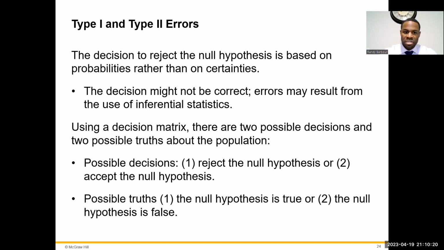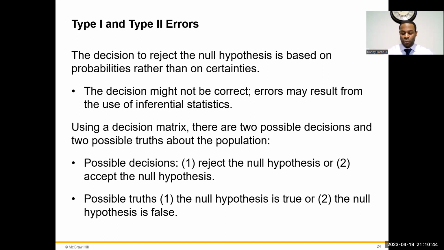There are two possible decisions and two possible truths about the population. The first one is you reject the null hypothesis or you accept the null hypothesis. Those are the two decisions, and the two truths are the null hypothesis is actually true when you reject it, or the null hypothesis is actually false when you accept it, right? So we have to be careful when we do those.